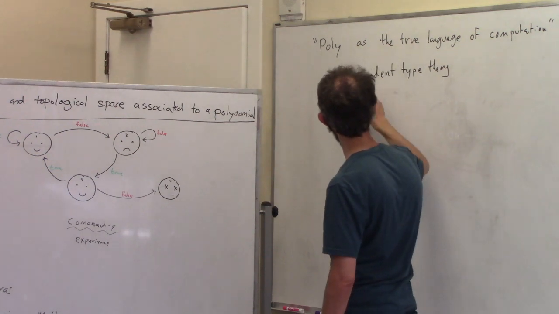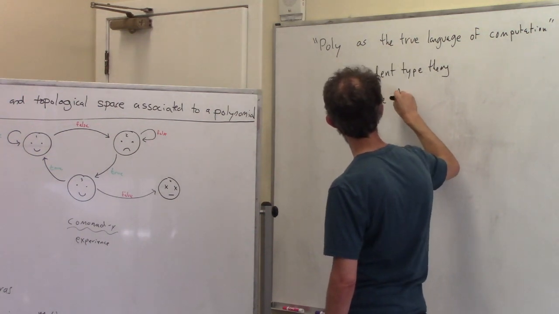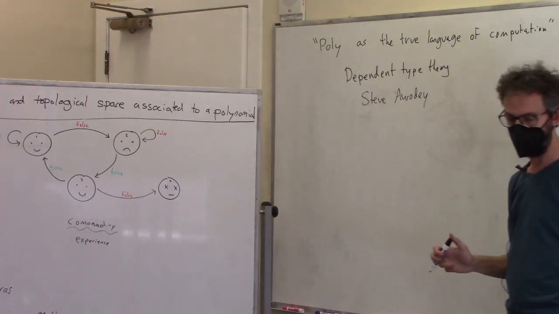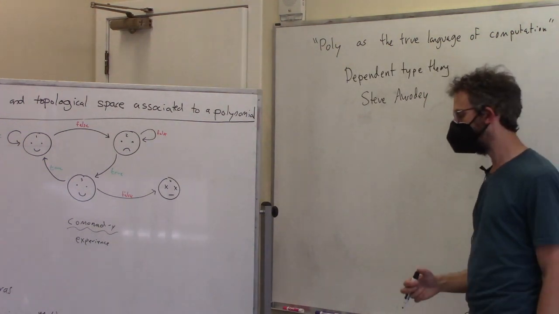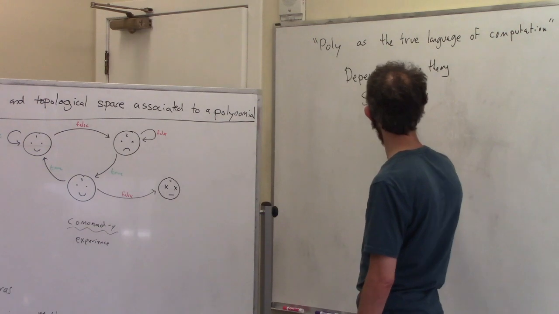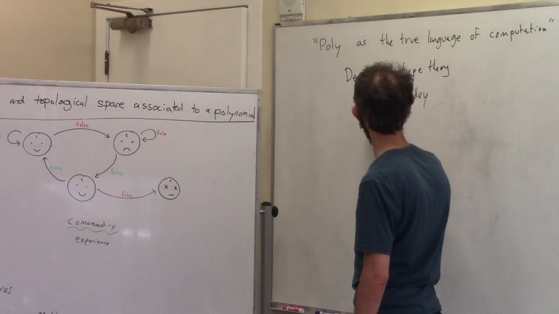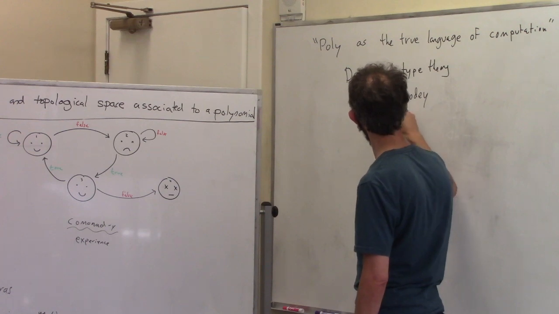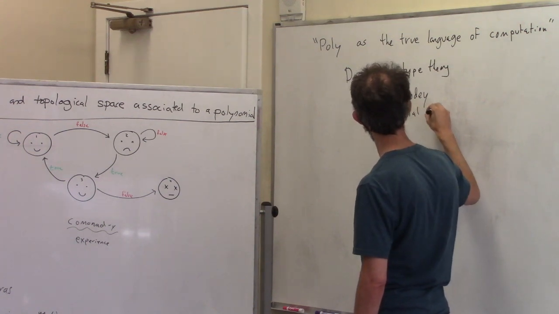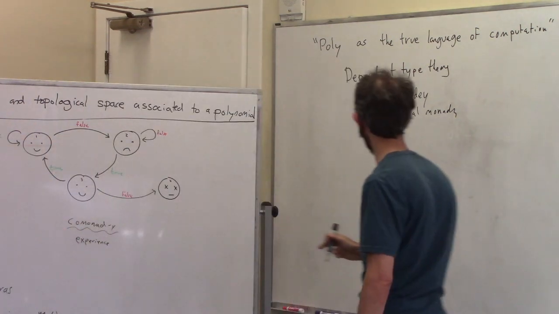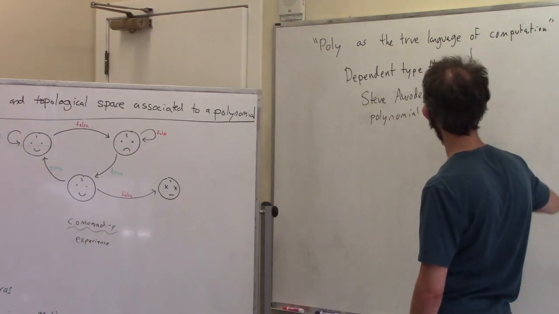And so Steve Awodey and his student Clive Newstead showed, in the Poly workshop and in Clive's thesis, that dependent type theory has something to do with polynomial monads. And we're going to be talking about polynomial monads, but we'll be talking about free polynomial monads. So there's dependent type theory.